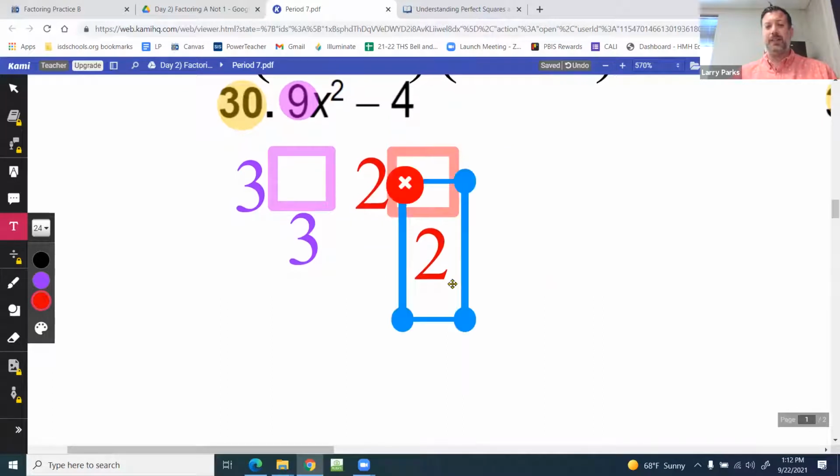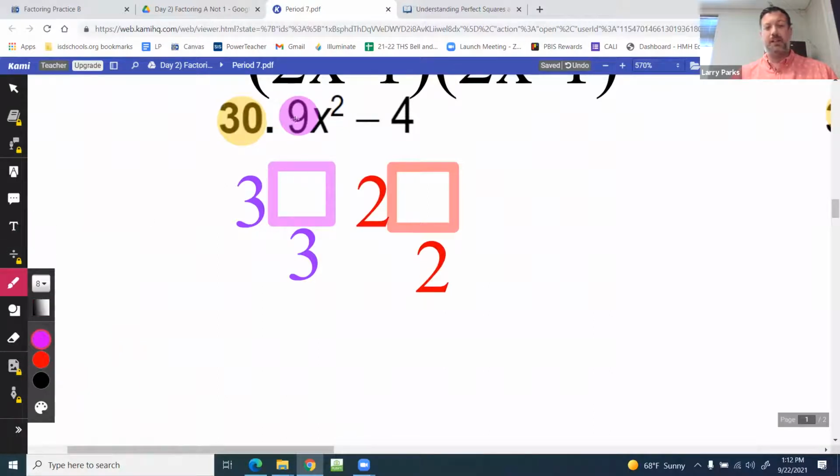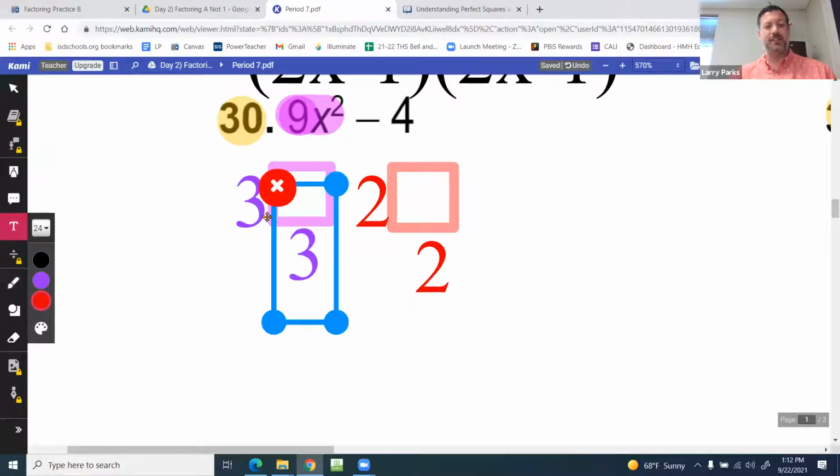Now, what I'm about to show you, and I forgot about the x squared. That's also important. So 9, yes, is 3 times 3. But when you look at the whole thing, 9x squared, x squared can be broken up into x and x. So putting that together, 3x and 3x.